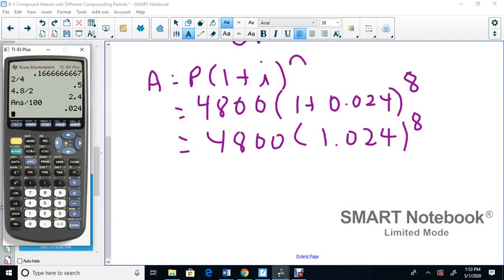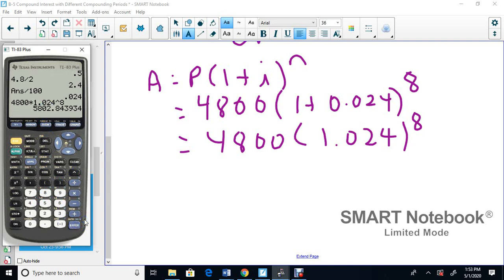Okay, so let's put in the calculator. 4,800 times 1.024 to the exponent 8. Okay, everything makes sense, I hope.